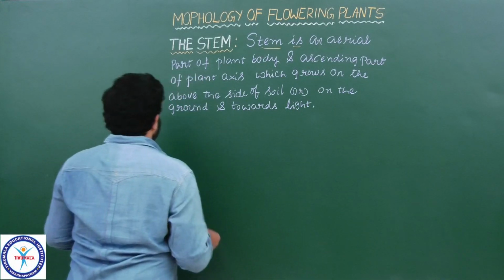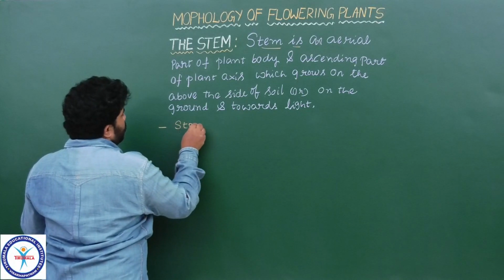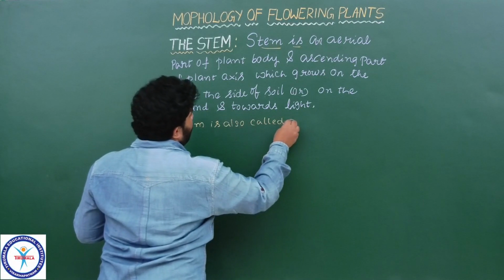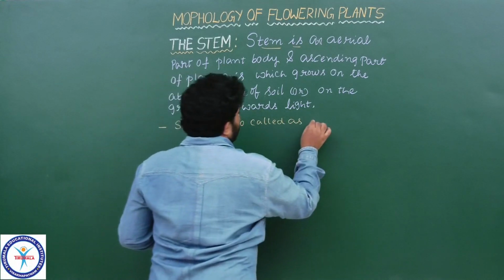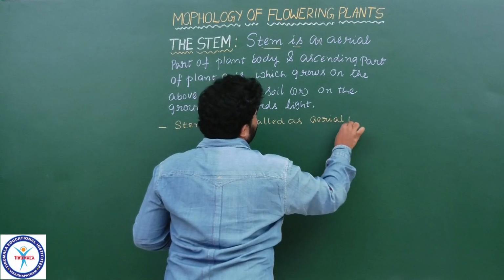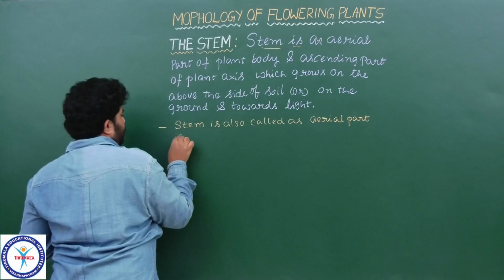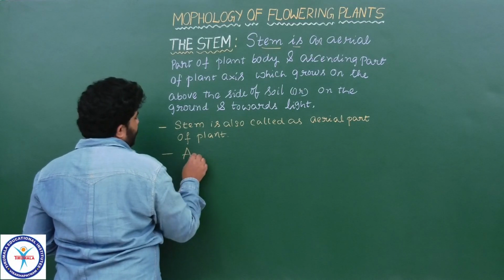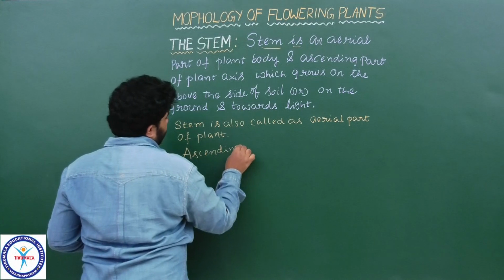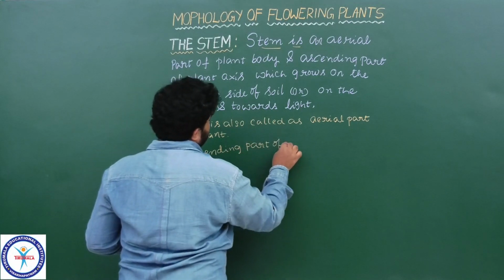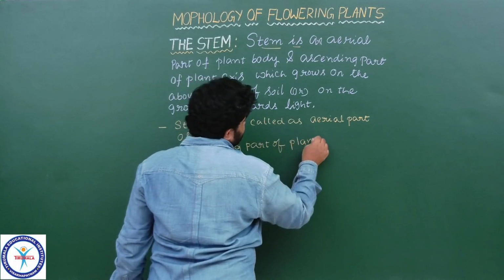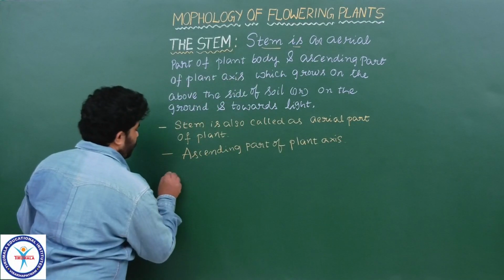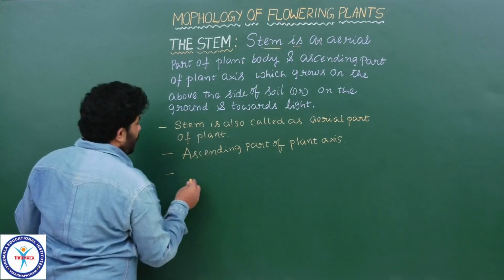That's why stem is also called the aerial part of the plant, the ascending part of the plant axis, and it grows towards the light.